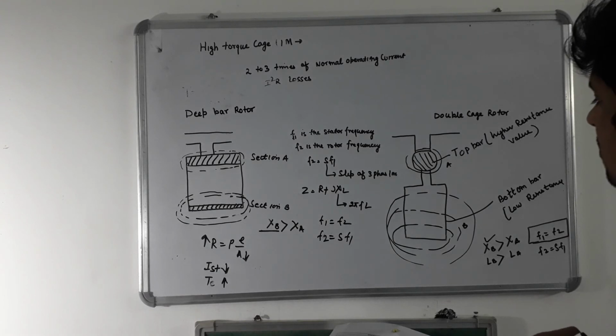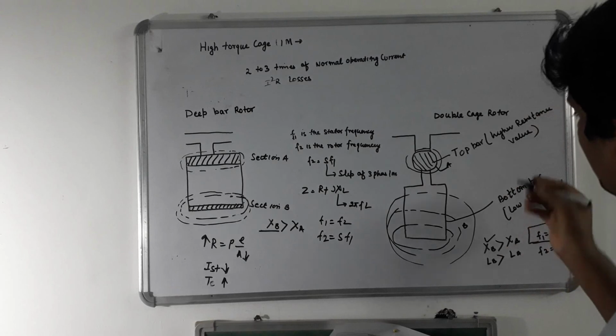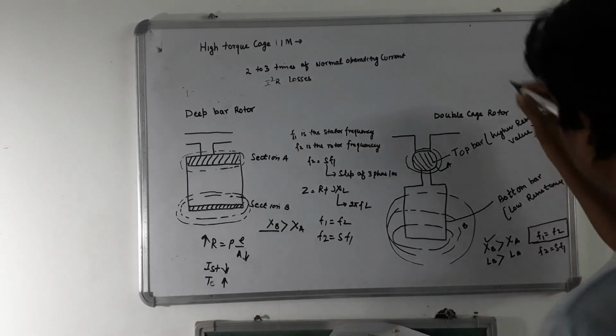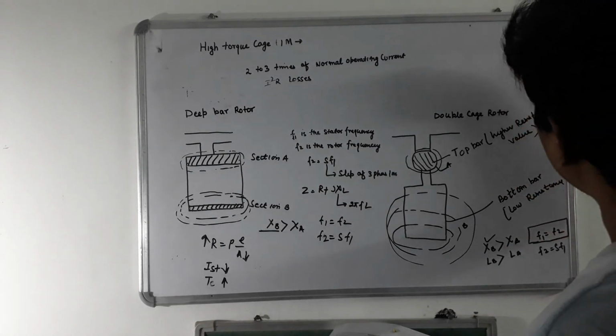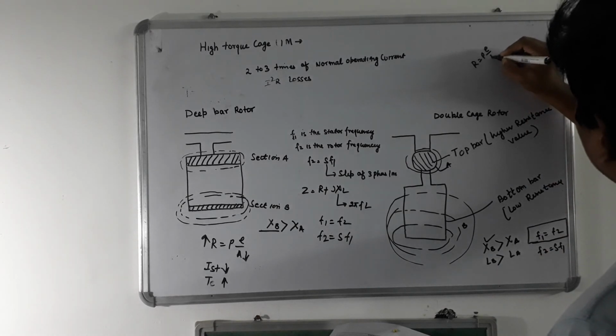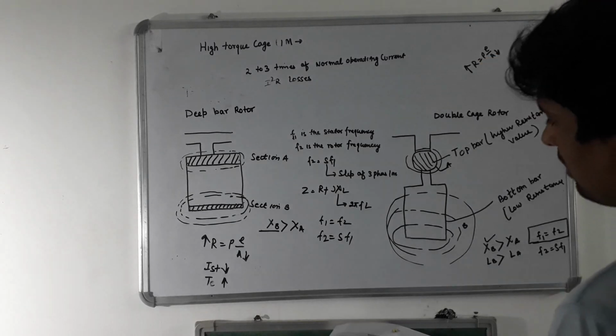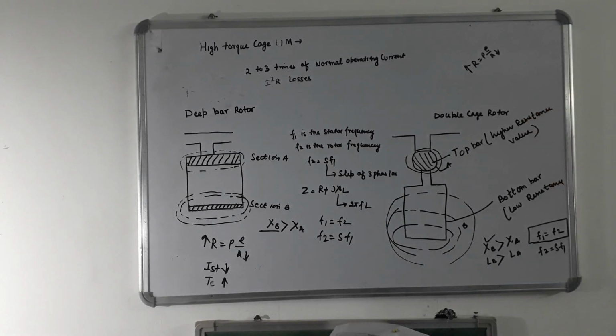Now the maximum current will flow through the top bar only. Here the cross section area is reduced. Since R is equal to rho L by A, as the cross section area is reduced, R increases. This is the main objective of the double cage rotor. If R is increased, then starting current will be decreased and starting torque will be increased.